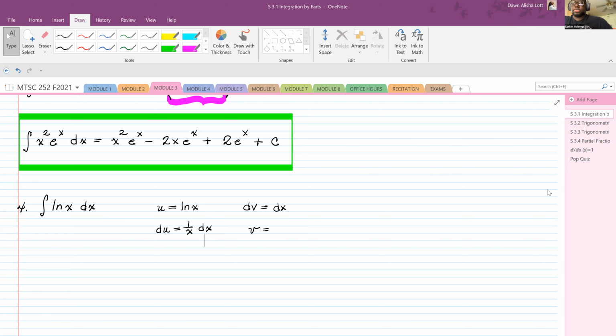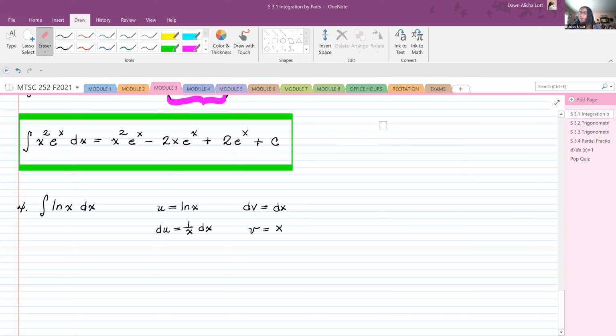So that would be x plus c. Great. That's it, it's just x. You're integrating 1, so you're finding the integral of 1 dx. That's just x plus c.